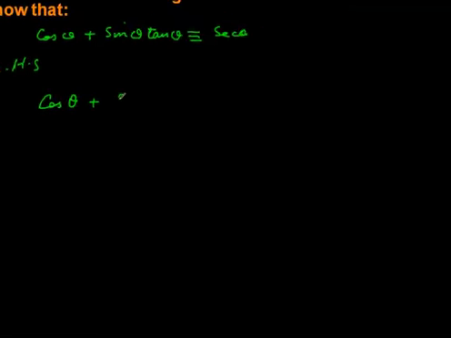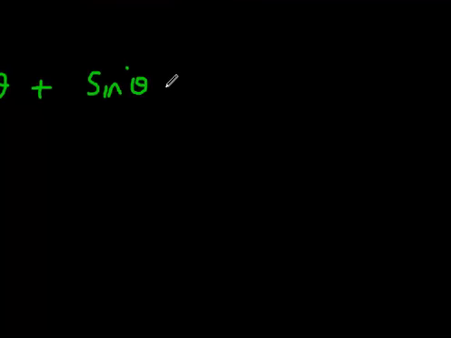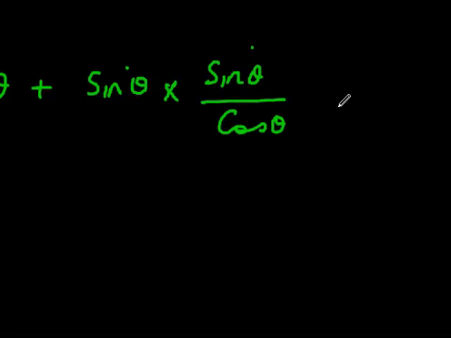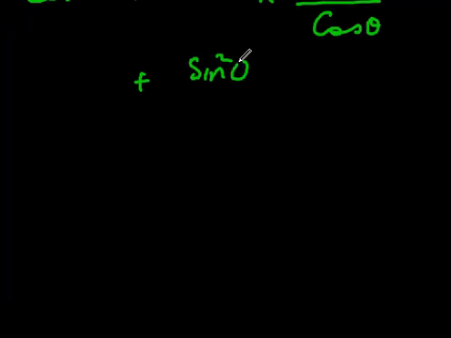Now sine theta is left as it is, and I know that tan theta is equal to sine theta over cos theta. Now I know that sine theta times sine theta will make sine squared theta. So I've got sine squared theta over cos of theta, and I've already got cos theta here.